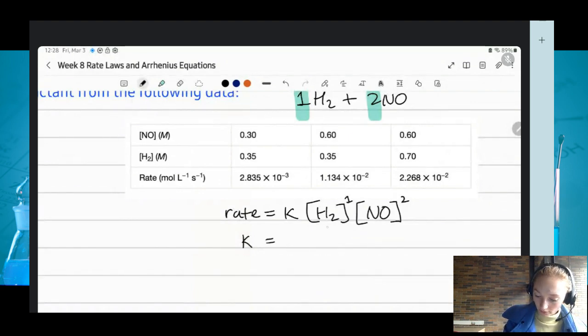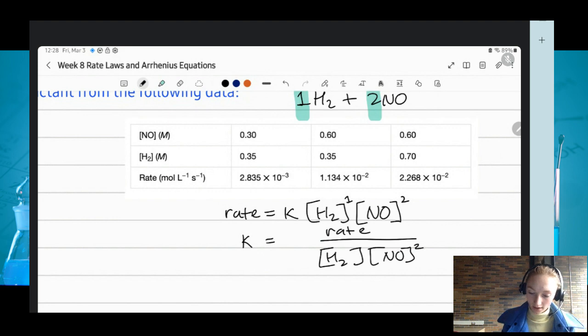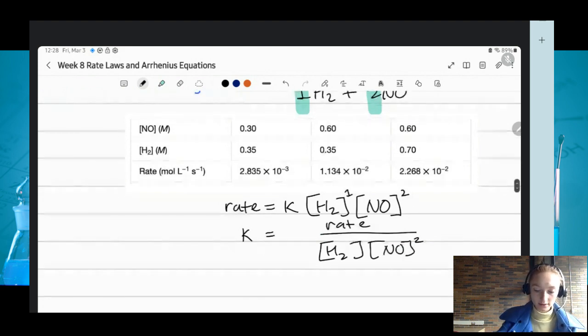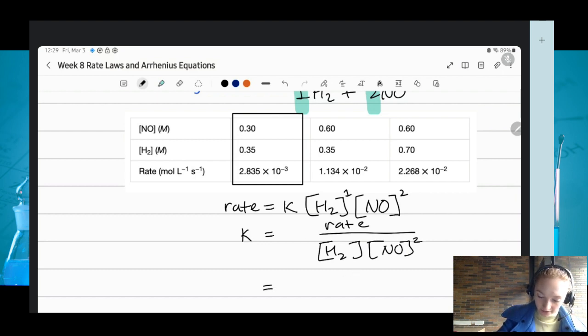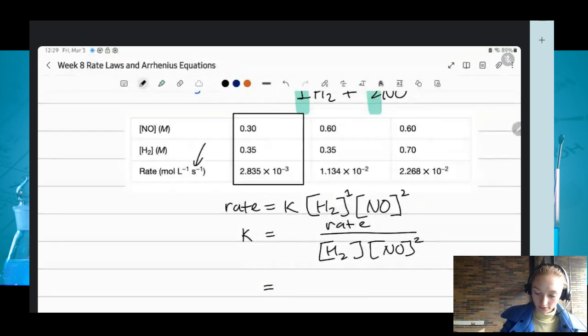So it'll be the rate divided by the H2 concentration and then the NO concentration. And so I'm going to pick one of these columns for this data. I'll pick this one. So it'll look like this, the rate on the top, and it's in per second instead of hour. So just keep that in mind, that's the time unit.